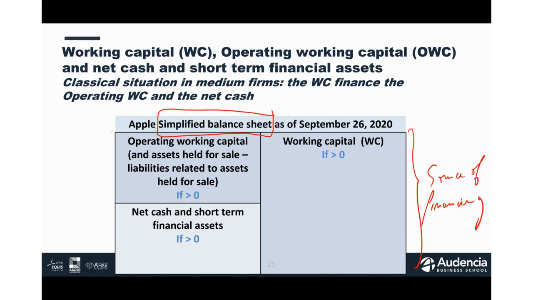We need to finance in the short term the operating working capital, and we need a positive net cash. So here is the use of financing. Because of the operating activity, because of what we keep in the financial assets. And in fact, it is by difference, we have this one.